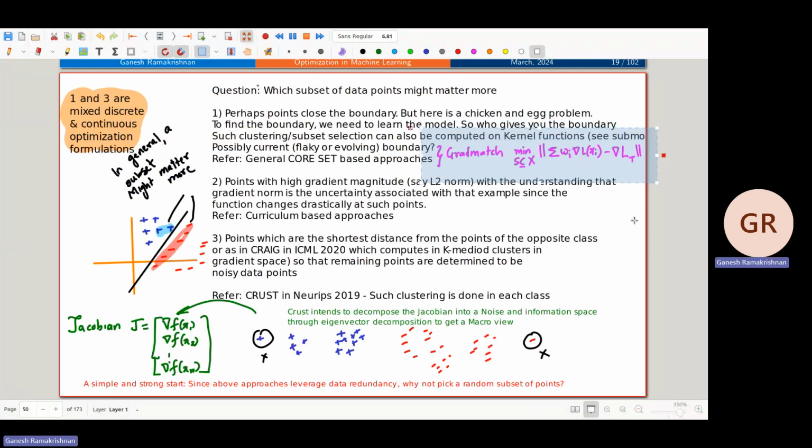That's what we published in our work called GradMatch. So gradient matching, right?